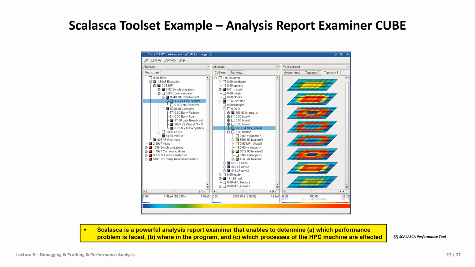This is the application perspective, so to speak, how it is run on the HPC machine in a certain topology. So you essentially know what the performance problem is that you face, maybe a late sender, where in the program it is, in this particular part of the application, and which processes on the HPC machine are affected.